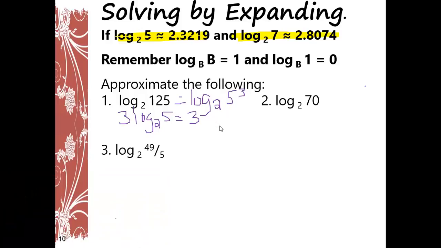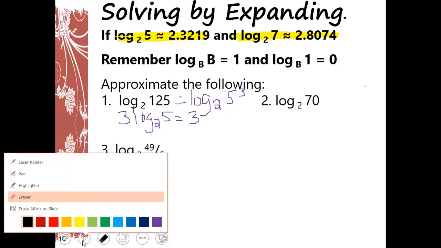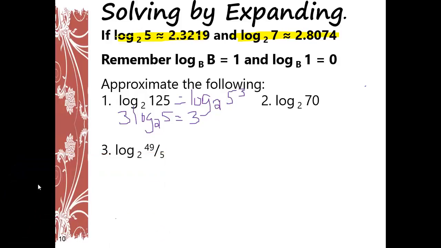So that becomes 3 times 2.3219, which is about 6.9657. Moving on to problem 2, I'm going to take and rewrite 70.